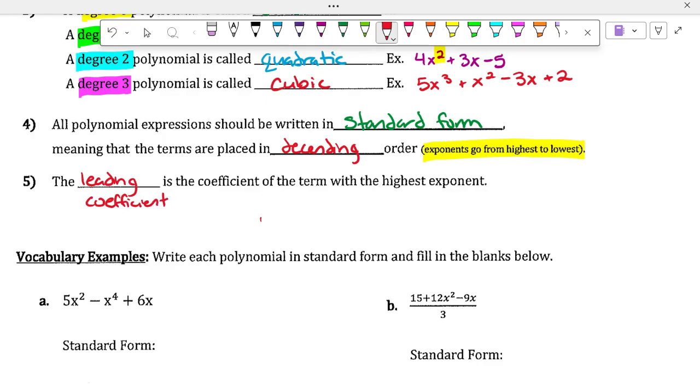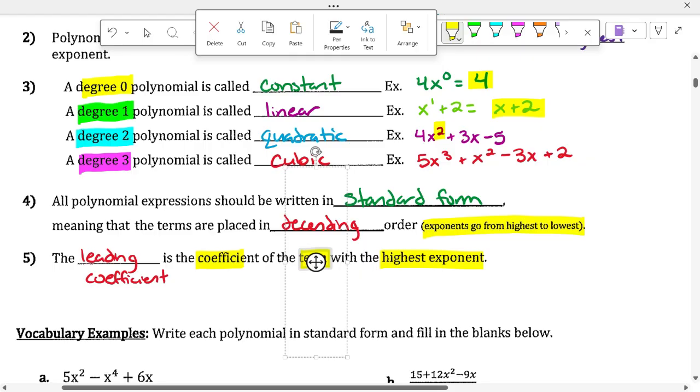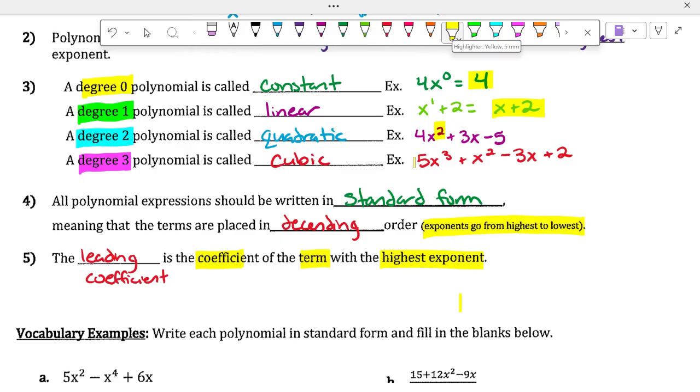So you'll hear that word a lot, leading coefficient. It's the coefficient of the term with the highest exponent. So for example, if I look back up here, for my degree of 3 example, what would be my leading coefficient? 5. It's the coefficient that's connected to the highest exponent.